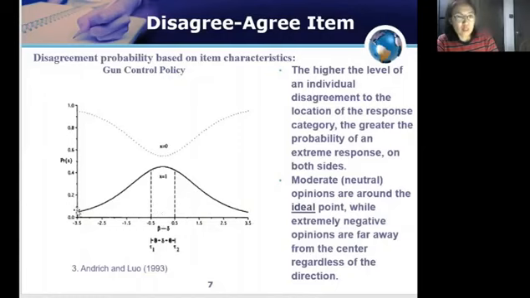George is here, Alice is here. Let me read this one: the higher the level of individual disagreement with the location of the response category, the greater the probability of an extreme response on both sides. People with moderate opinions are around the ideal point, while extremely negative opinions are far away from the center regardless of the direction.